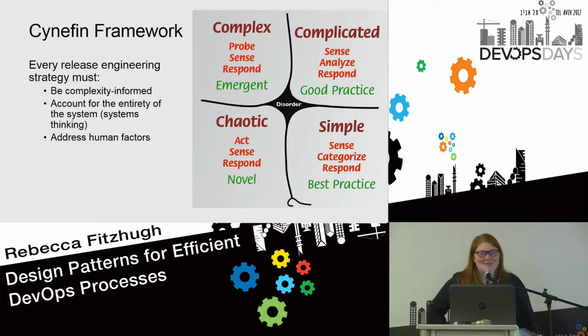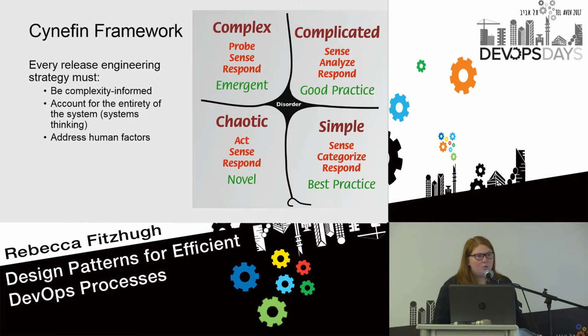So again, not something brand new, not something that just came out because of DevOps, but the point that we want to always make is that we need to address human factors. And if we make an overly complex system or an overly complex process, that's going to make it harder for us to manage and harder for us to actually execute, thereby making the human factor even more of an element that could go wrong, right?